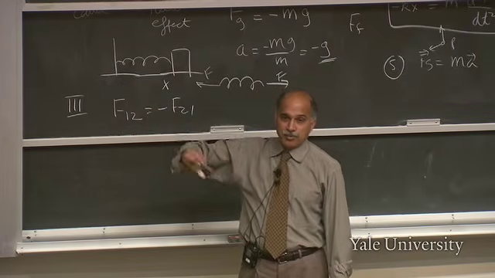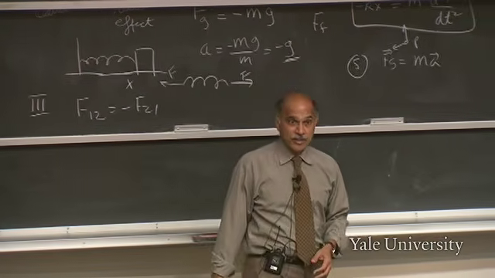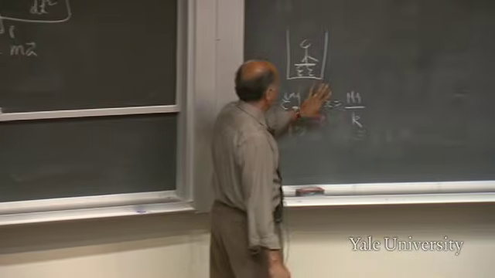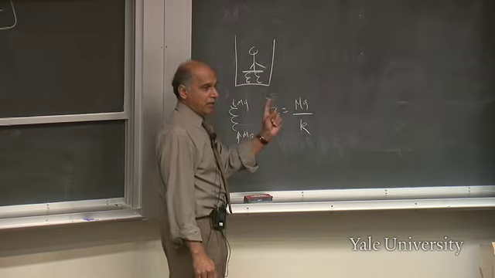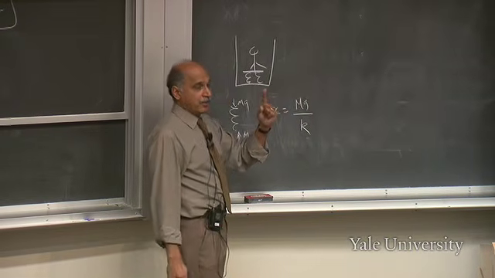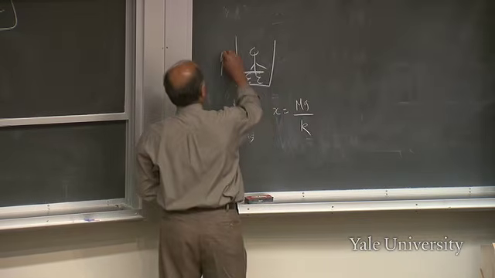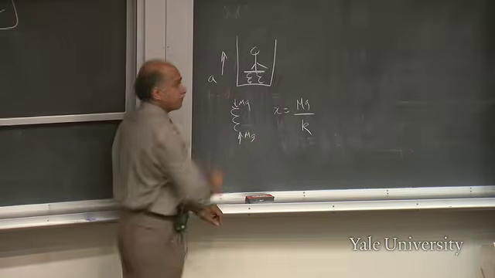But you cannot have a spring pulled only at one side because then it will accelerate with infinite acceleration in that direction. So this spring is getting squashed on either side, and it will squash by a certain amount x that depends on your mass, and that x will be turned into a motion of a needle, and that will read your mass. Now what happens if the elevator is accelerating upwards with an acceleration a?